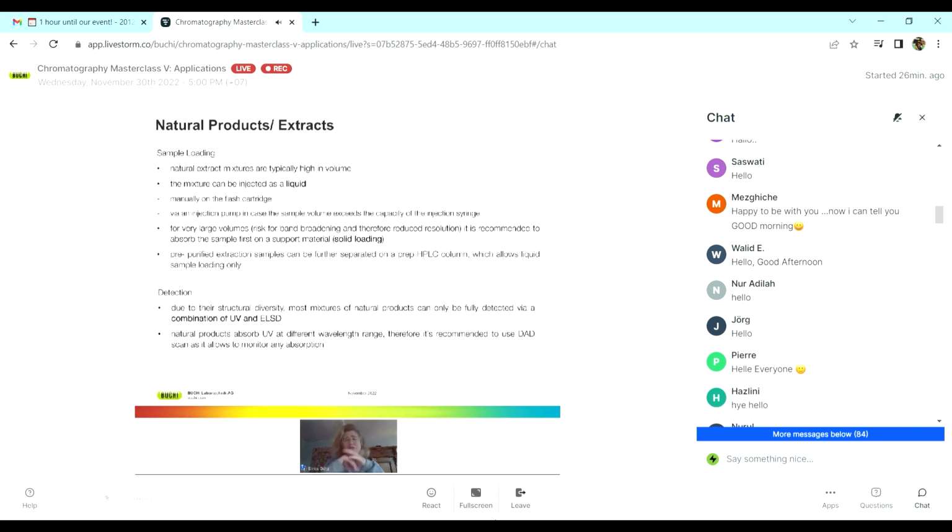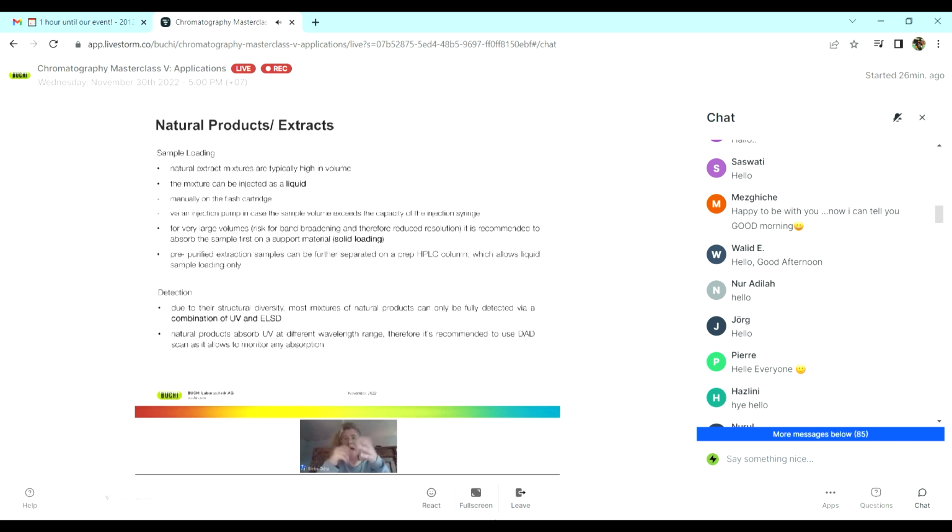If you have very large volumes which you want to load at once, the recommendation is to go for solid loading, because as I mentioned before for peptides, if your sample volume is more than 10% of your column volume, you might get band broadening, and then you're losing the resolution. So then you would go for solid loading.